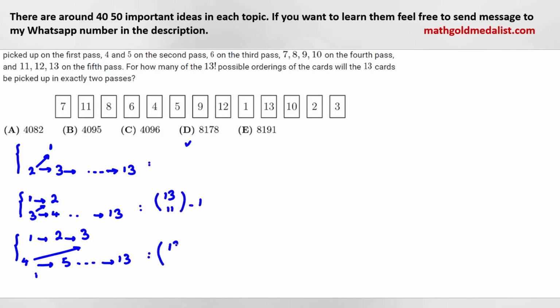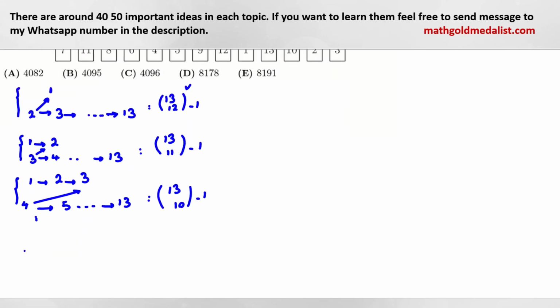Next one, 13 choose 10 minus 1. The first one is 13 choose 12 minus 1. Exactly. And the last one is when we have 1, 2, 3, 12 and 13 before that, right?